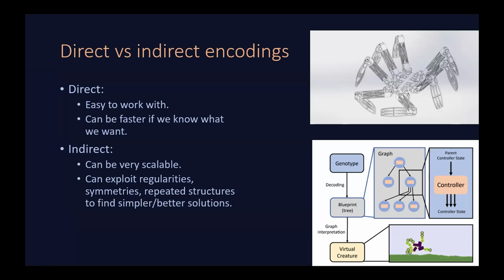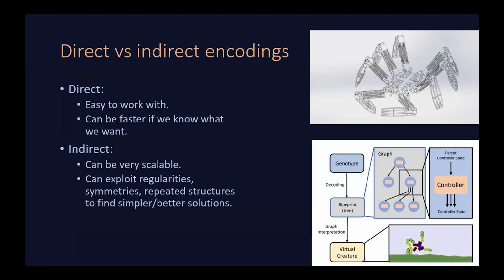So in that way, it's very good. But direct encoding can sometimes also be just as good. And if you want something a little bit more irregular, highly specialized, maybe some optimization of a certain part, maybe a direct encoding could be even better to use. So it depends a little bit on your problem.